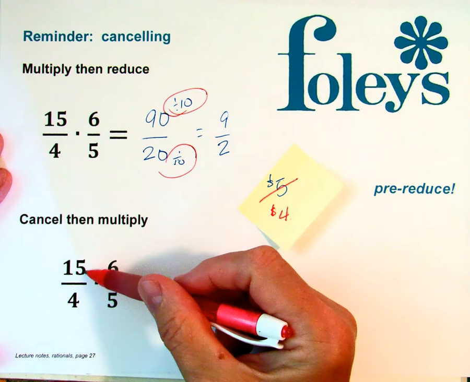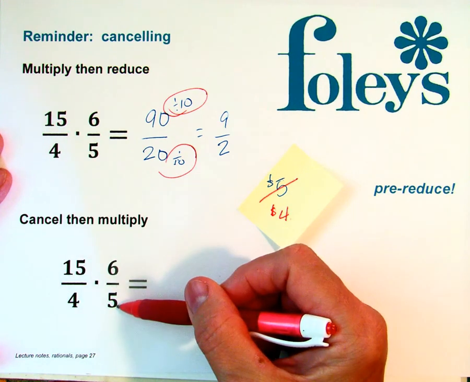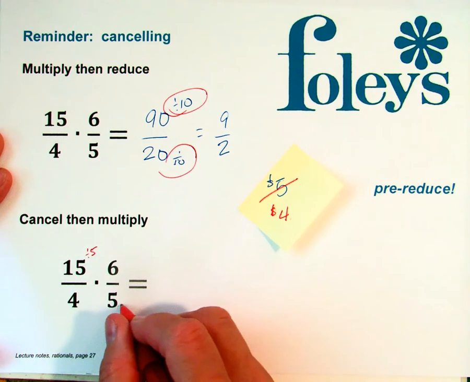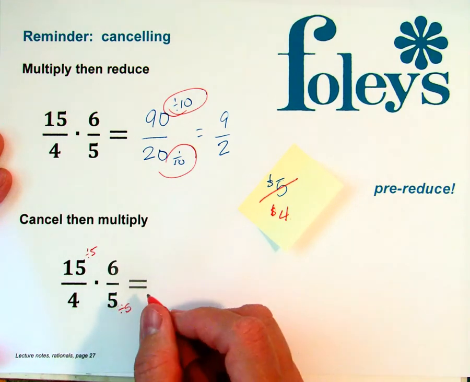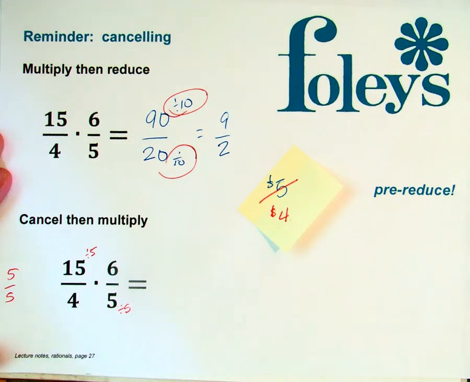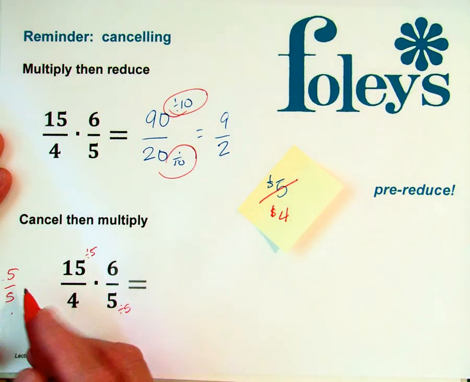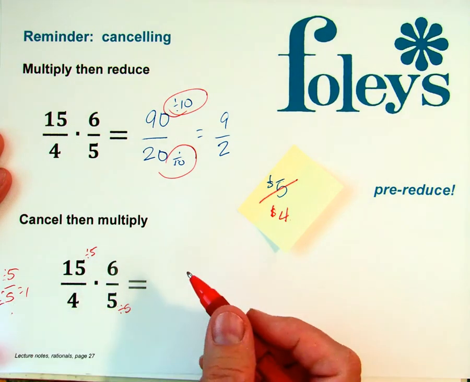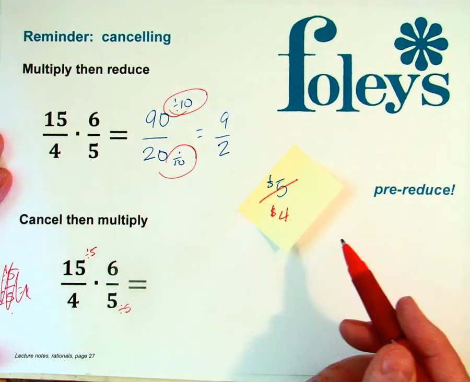I see that 15 and 5 both have a common factor of 5, so I can divide both by 5. I'm dividing by 5 and dividing by 5, which is the same thing as dividing by 1, so we're not changing the value. We're just taking out the common factors.